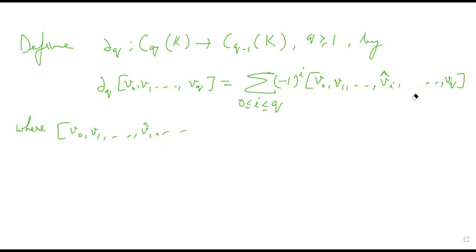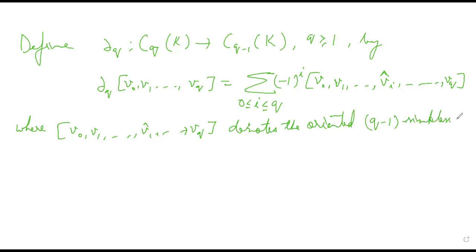So here to write one note. This denotes the oriented (q-1)-simplex obtained by omitting v_i.